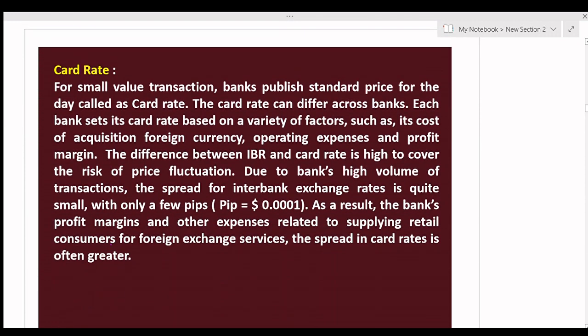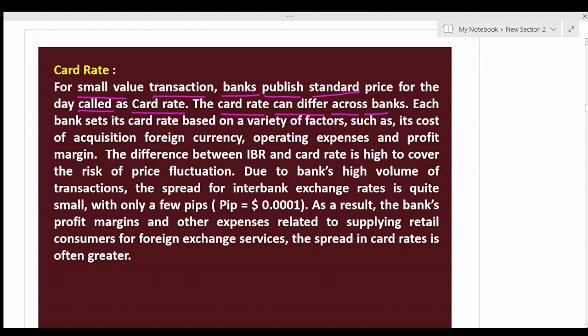Now come to card rate. For small value transactions, banks publish a standard price for the day called card rate. Card rate can differ across banks.